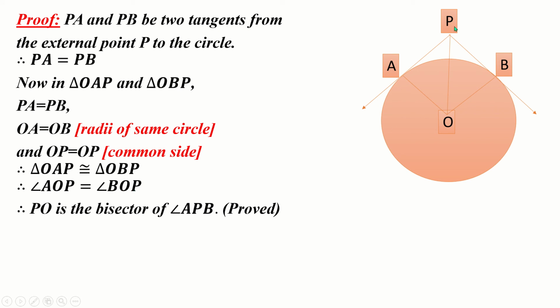So we can say OP is the bisector. Bisector means it divides angle APB into two equal parts. Hence proved. Okay, and follow this, you will try to finish the other problem.